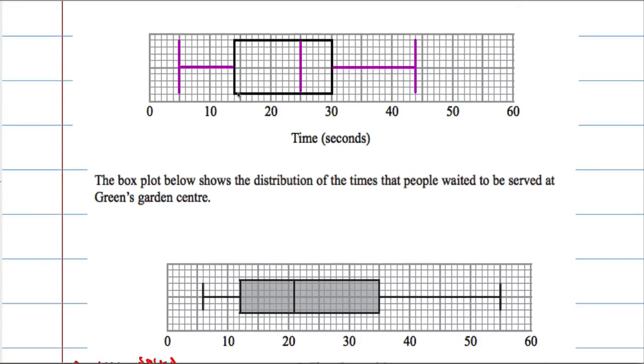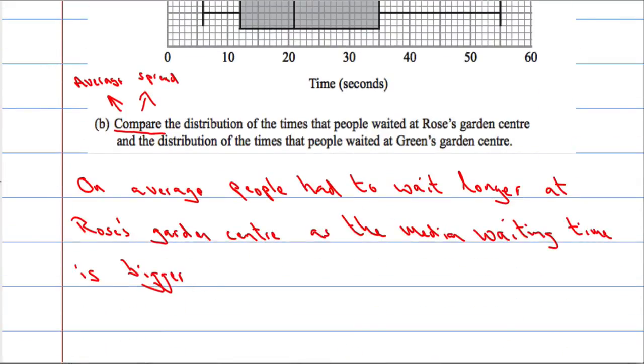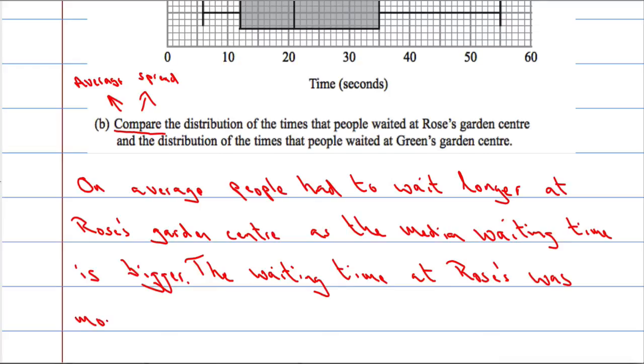But we can see the interquartile range for Rose's Garden Centre is smaller than it is for Green's Garden Centre. That means that the waiting time at Rose's was more consistent than Green's.